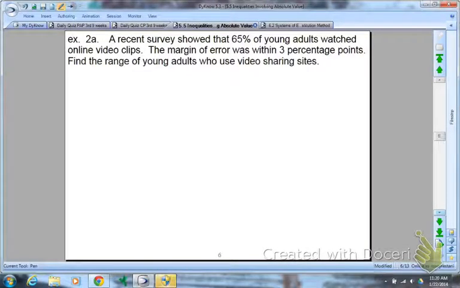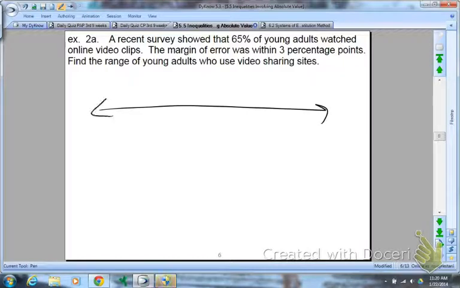Example 2a, read the word problem. A recent survey showed that 65% of young adults watched online video clips. The margin of error was within 3 percentage points. Find the range of young adults who use video sharing sites. Within 3 percentage points means it could be up to 3 ahead or 3 behind.